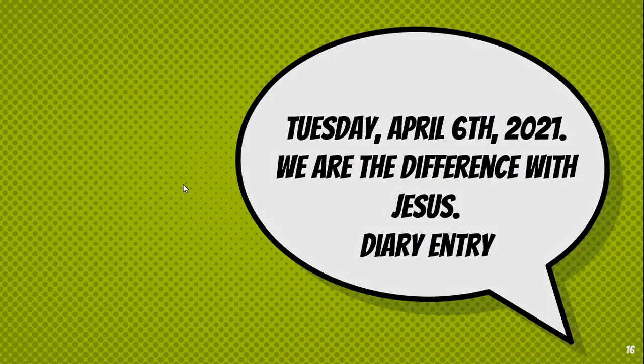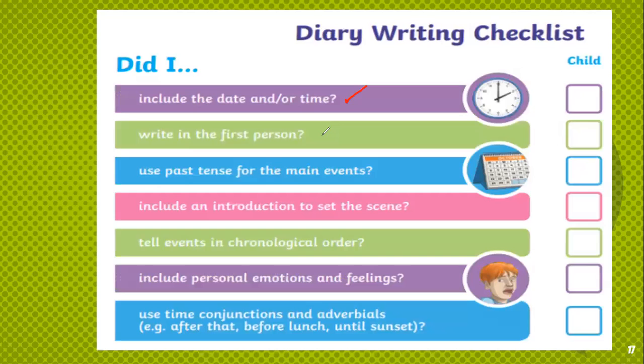Let's check. These are the steps for writing a diary. I mark the things that you copied today. The first one is include the date and time. It's possible, you write the date and time. Maybe you write Tuesday, April 6, 7 p.m. But if you don't include the time, it doesn't matter.